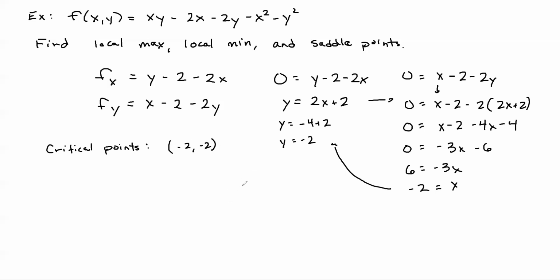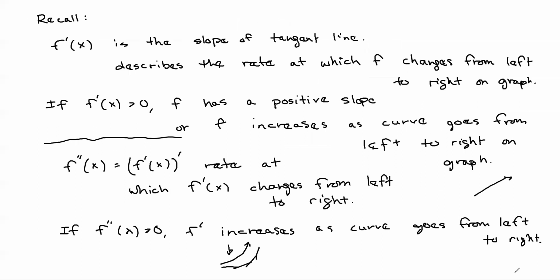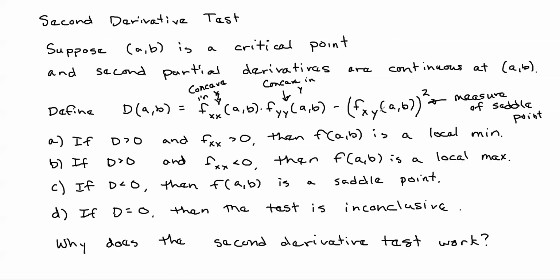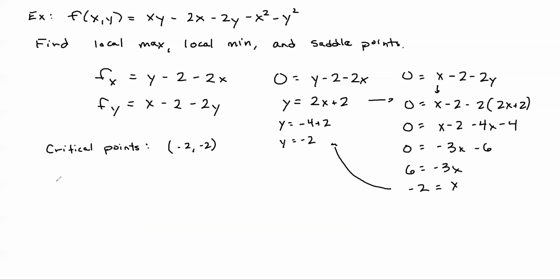Once you've got the critical points, you need to go through and construct that formula for D, that really complicated looking formula. So you need the second derivative with respect to x, the second derivative with respect to y, and the mixed partials. Second derivative with respect to x: if we differentiate this with respect to x, we get negative 2.